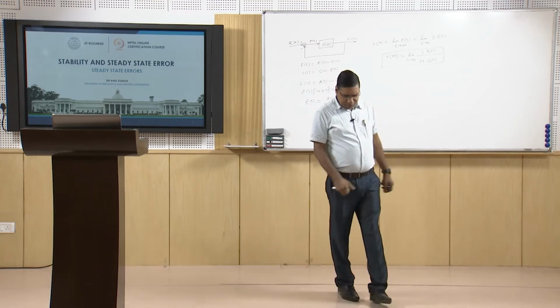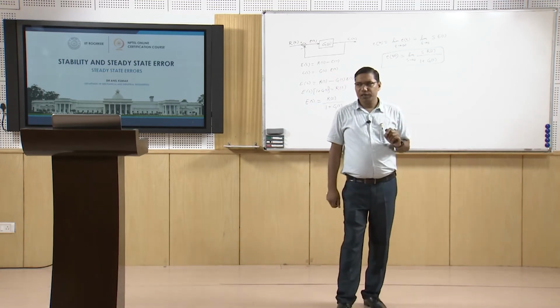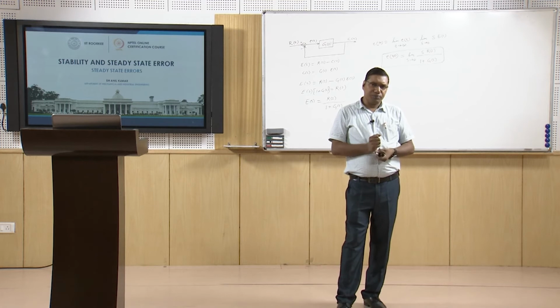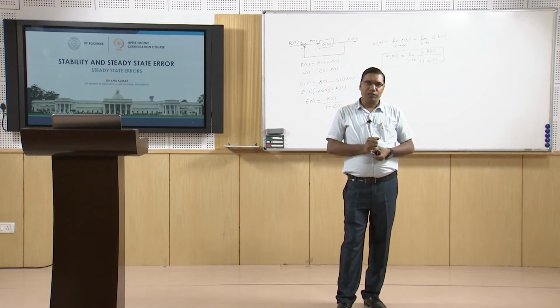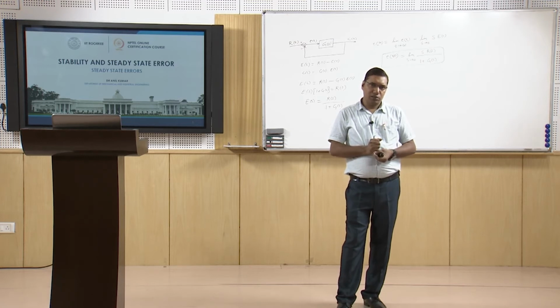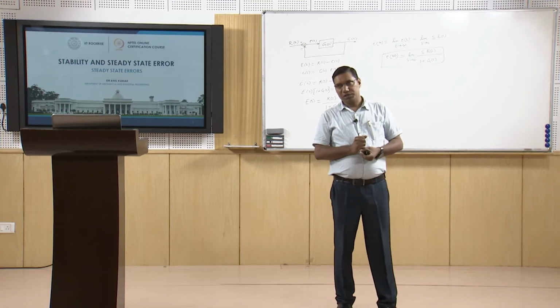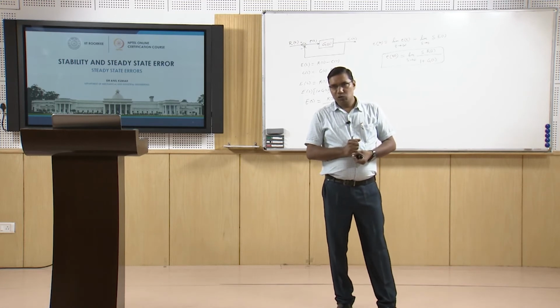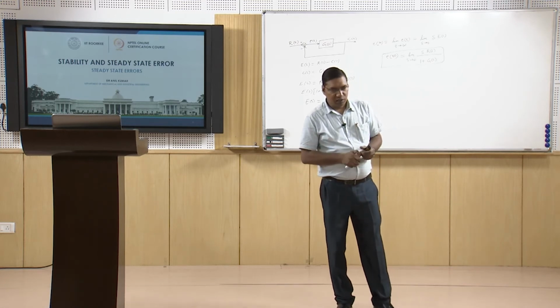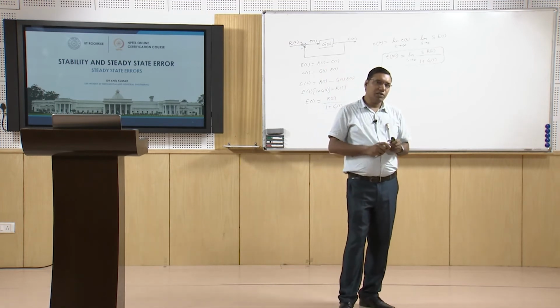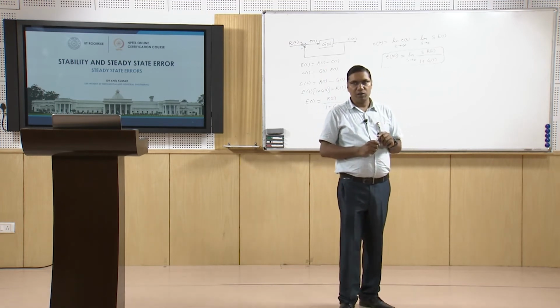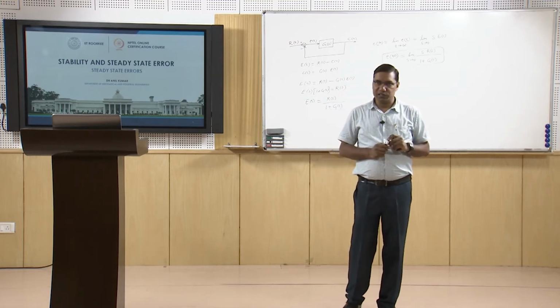Now here we should know that when we talk about steady state error, steady state error is only valid when the system is stable, because if the system is not stable, the response will not reach steady state response, and there is no meaning to talk about the steady state error. So therefore, for any system, we must first check whether it is stable or not, then only we should calculate the steady state error.